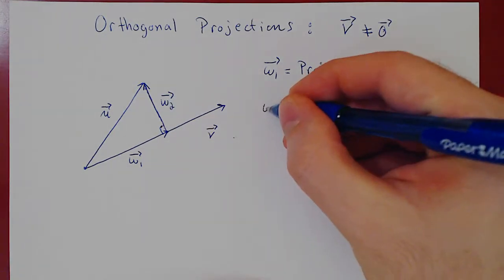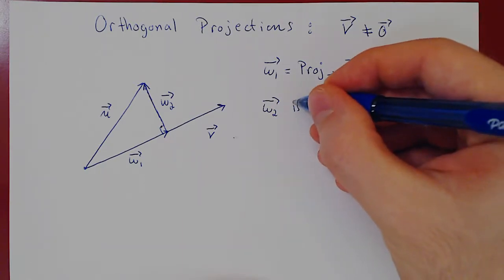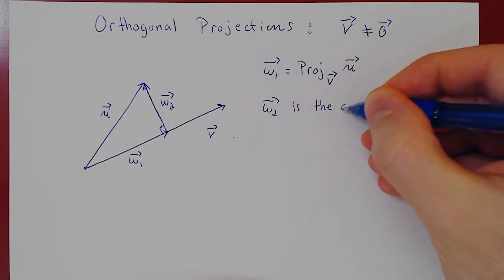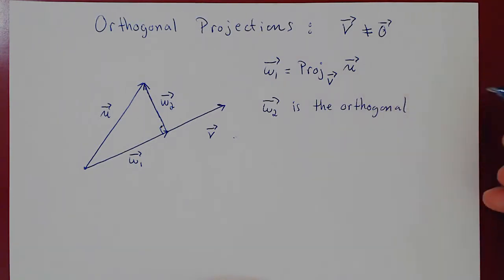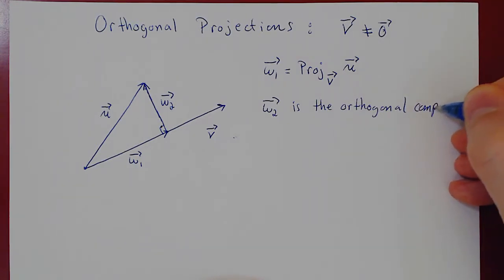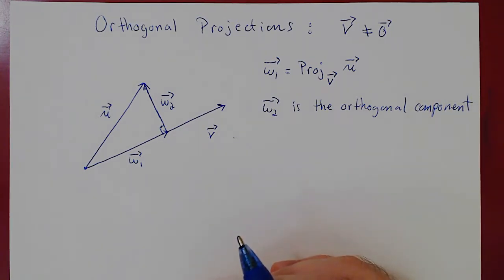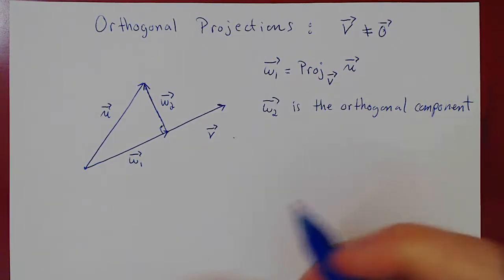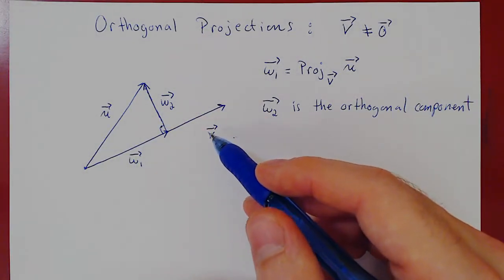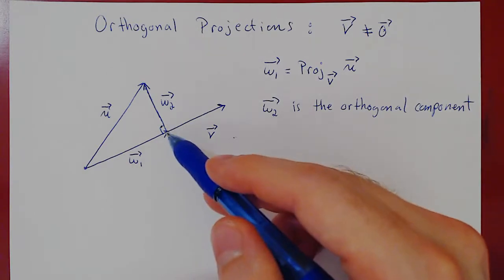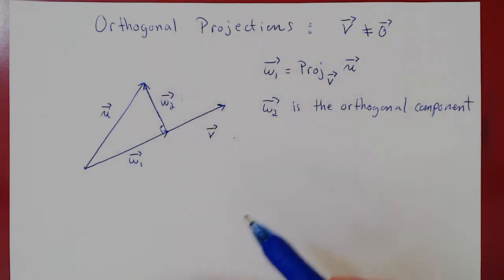So w2, if you want, is called the orthogonal component. Okay, and now again, imagine that you have vector u, you have vector v, and from these two vectors alone, how can we find w1, the projection of u onto v, and w2, the orthogonal component?